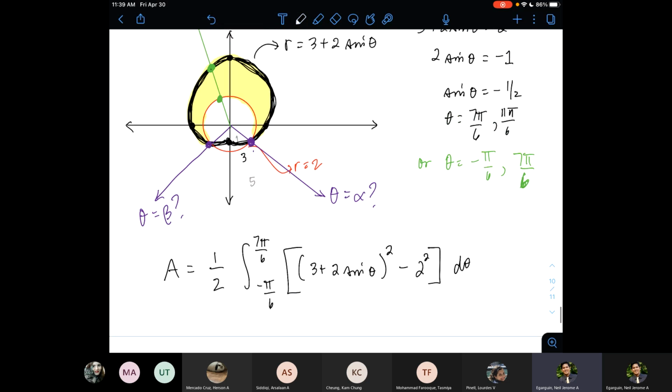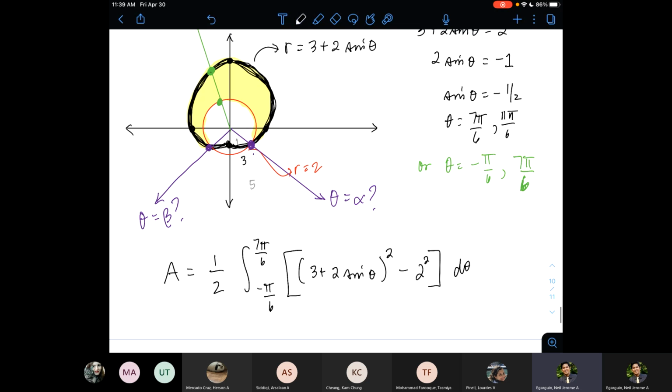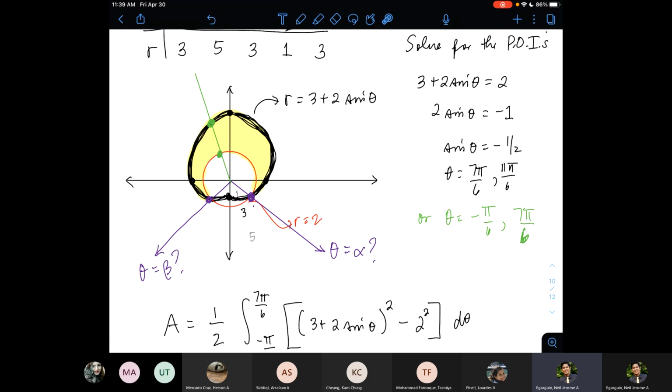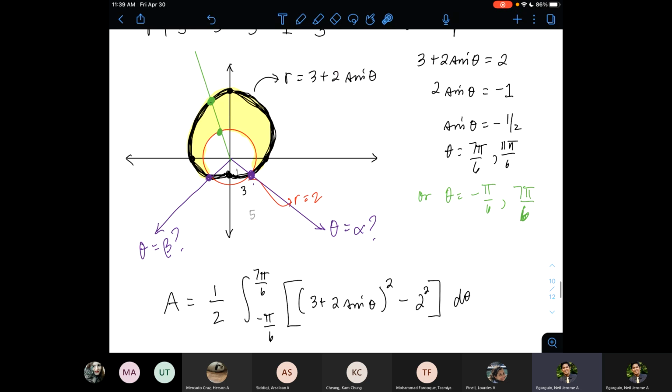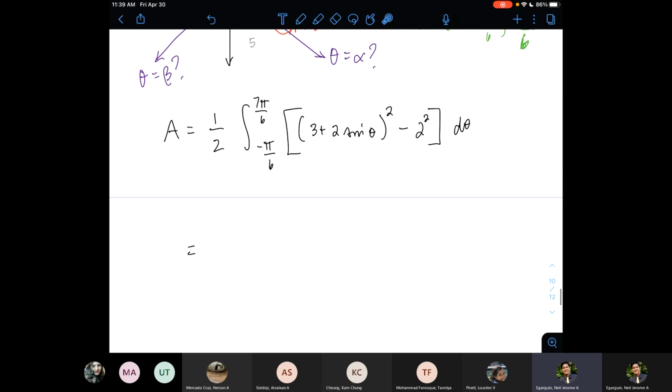d theta, all right? Or you could also appeal to symmetry, because note that this region is symmetric with respect to the y-axis, or the vertical axis. So you can just integrate from negative pi over 6 until pi over 2 and multiply your answer by 2, right? Because that's the beauty with polar curves.